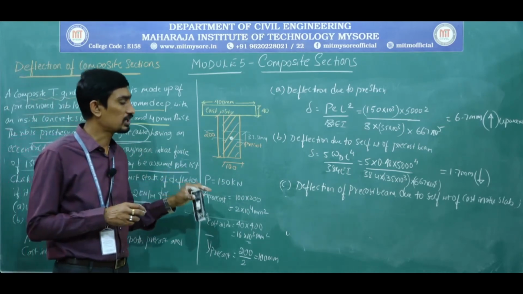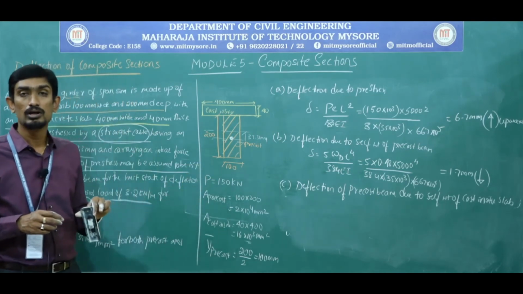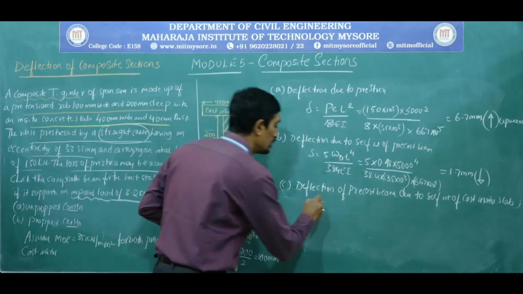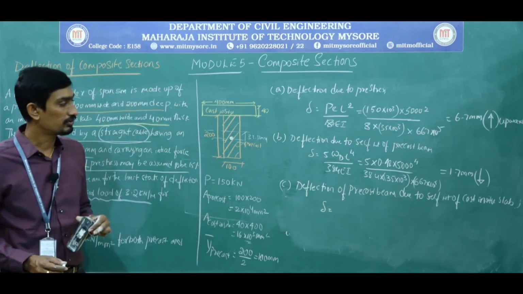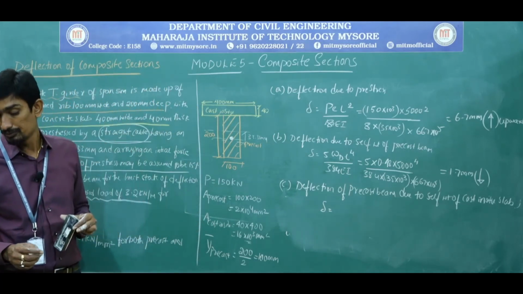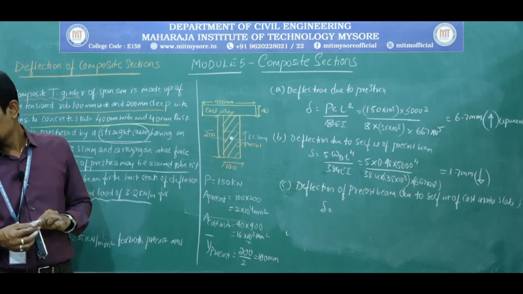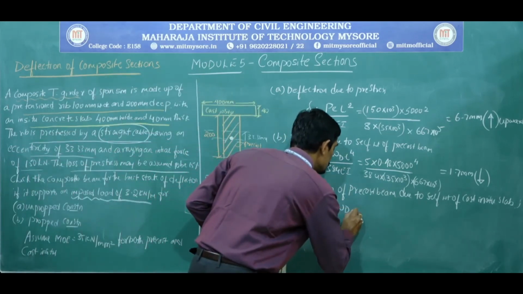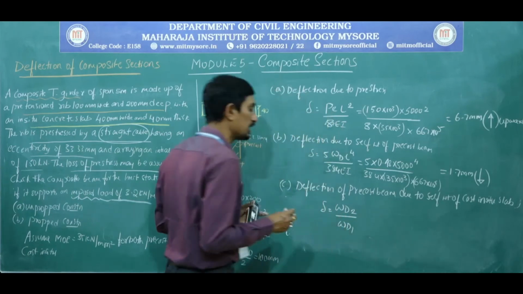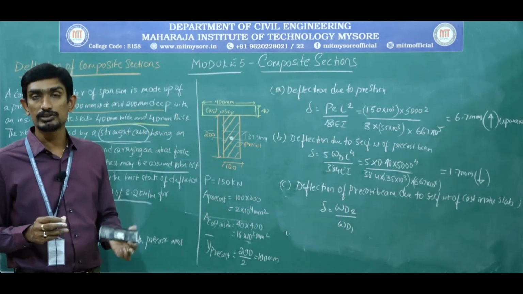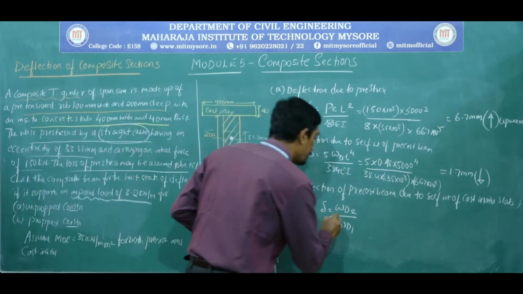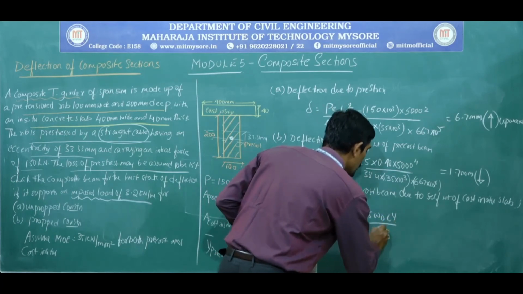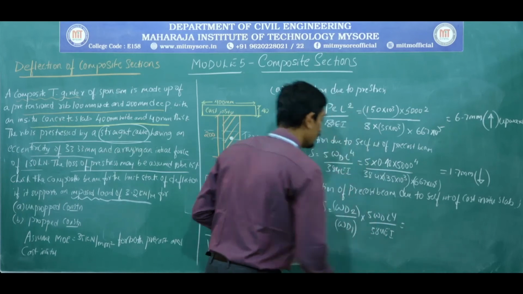So now deflection of precast beam due to self weight of cast in situ slab, for an unpropped case. The formula will be WD2 divided by WD1, because I need to consider the self weight of both cast in situ and the precast, multiplied by the deflection, 5 w L to the power of 4 divided by 384 EI.